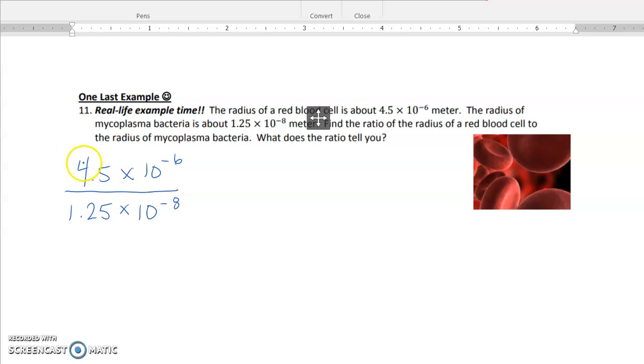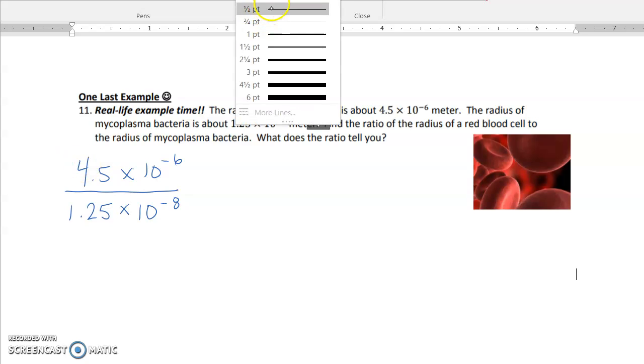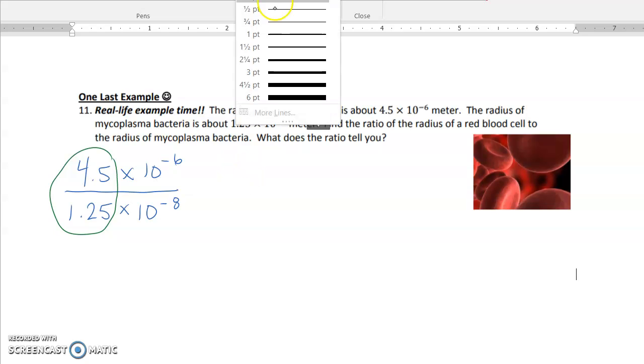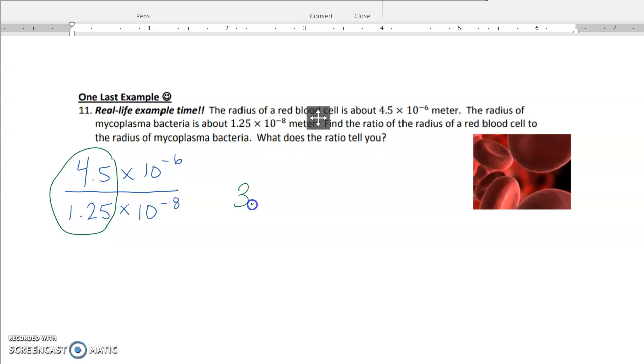If we divide 4.5 by 1.25, we're going to get approximately 3.6.